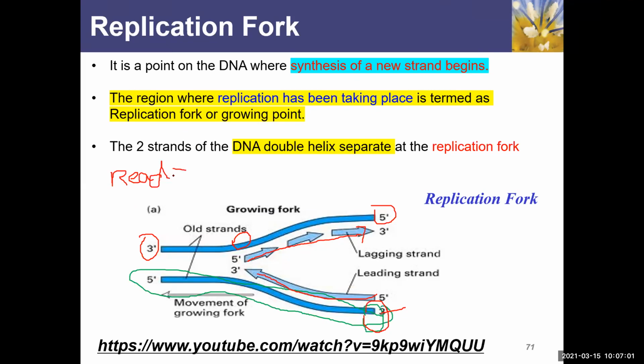When you read something, remember reading is always done from 3 to 5 by DNA polymerase. Reading done from 3 to 5. But when it comes to forming the new strand, you write after the read, you know, you write something after you read something, right?